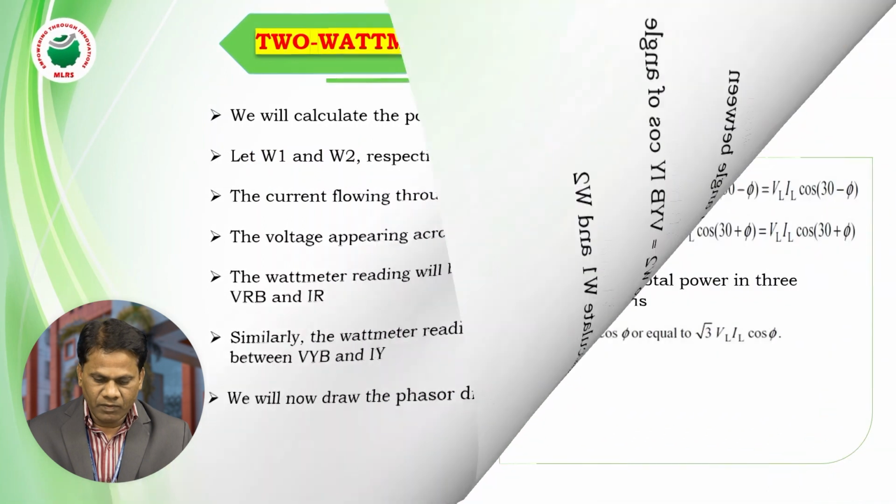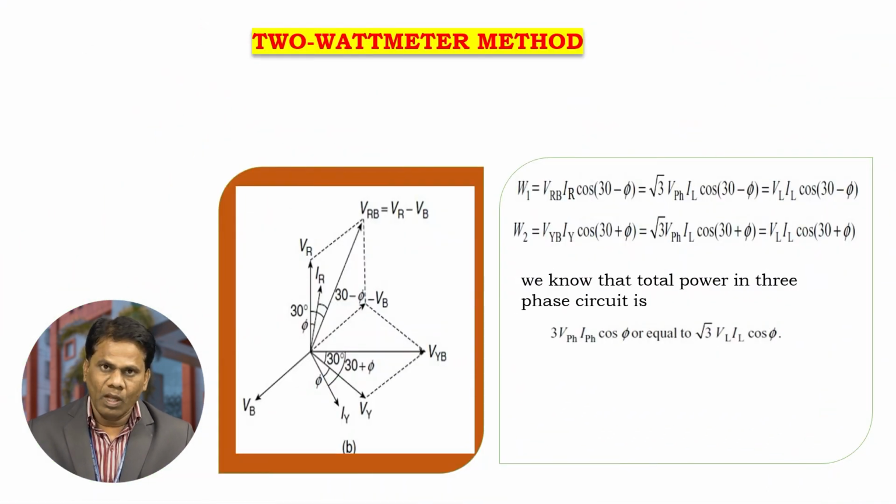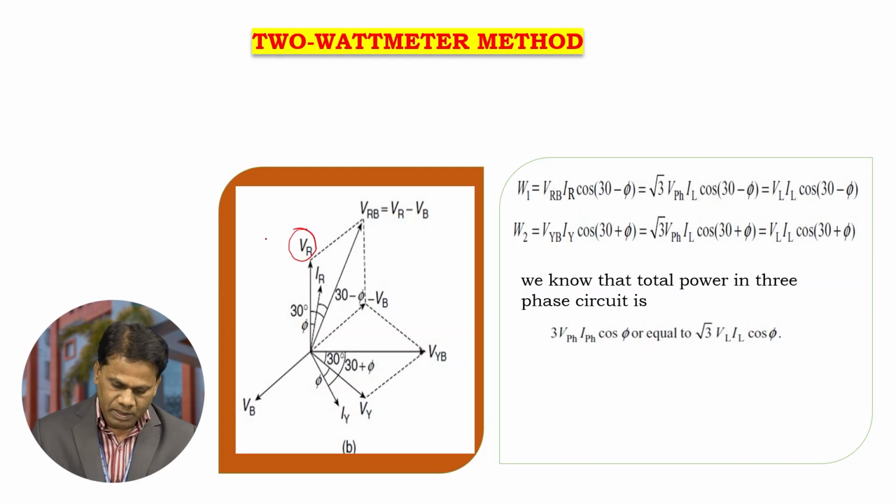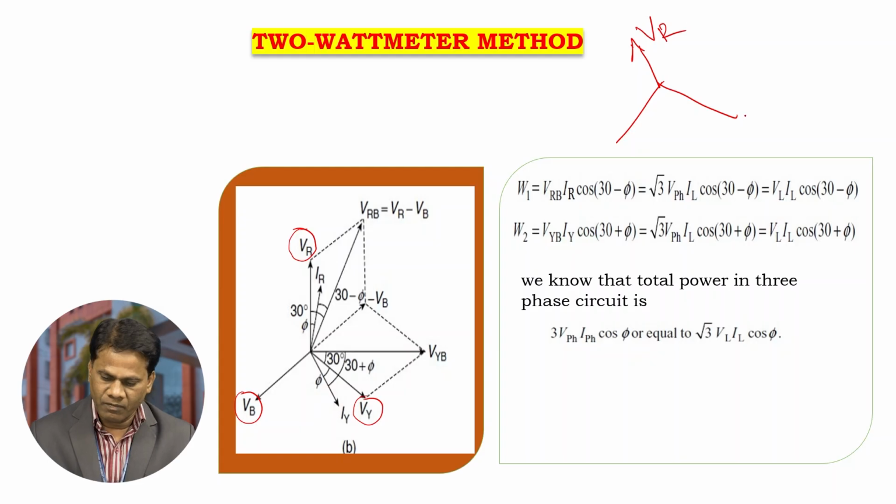Next we will consider the phasor diagram. How to draw the phasor diagram? We know that I am considering the line voltages VR, VY and VB. In general, in three-phase circuits, for each and every phase voltage there is a 120 degrees phase displacement from each phase.